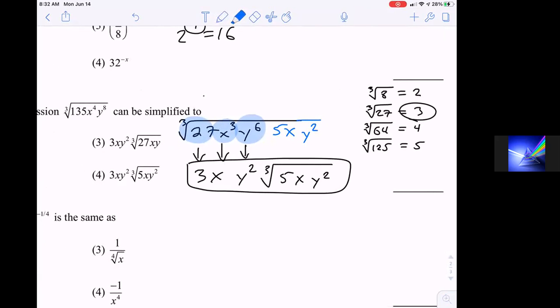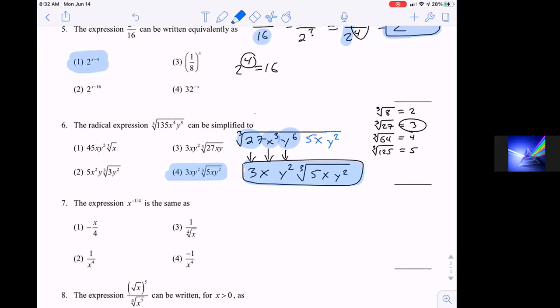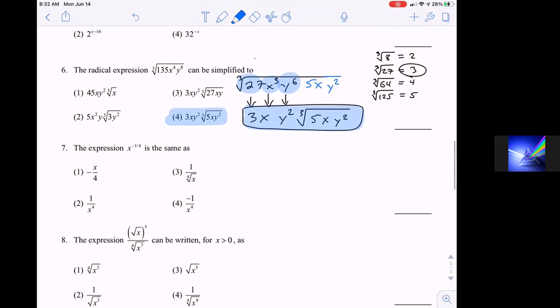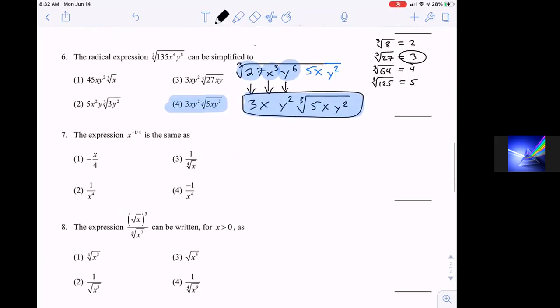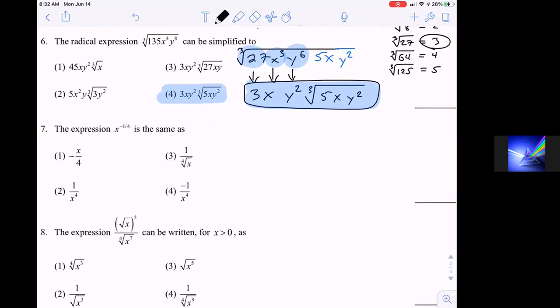Number 7, the expression x to the negative 1/4 is the same as 1 over x to the positive 1/4. So we can start there.